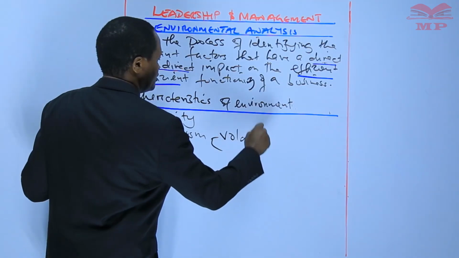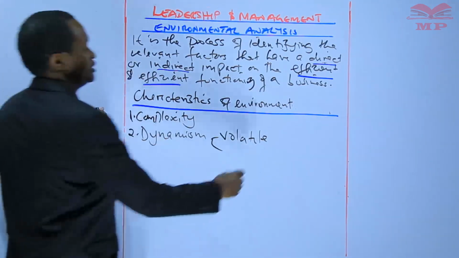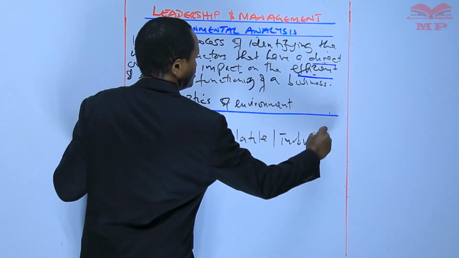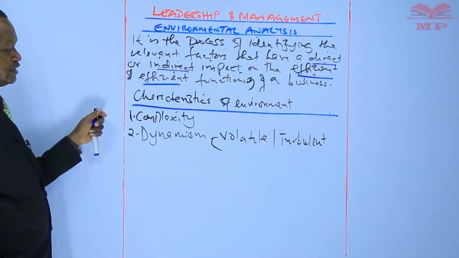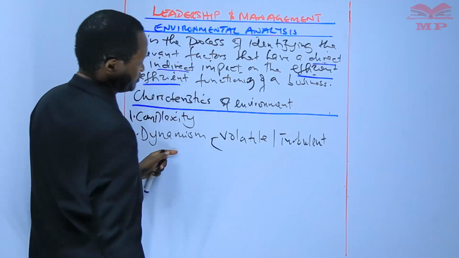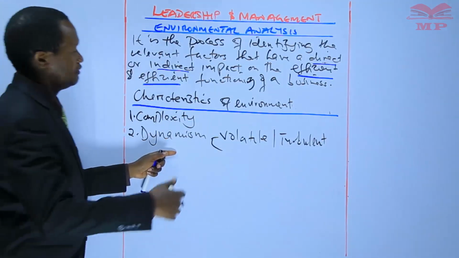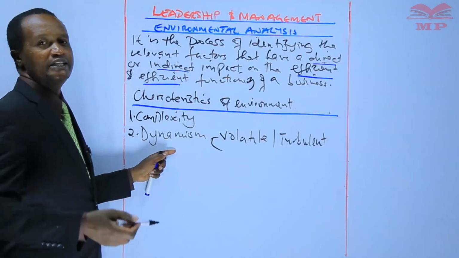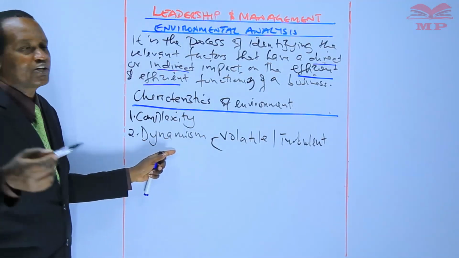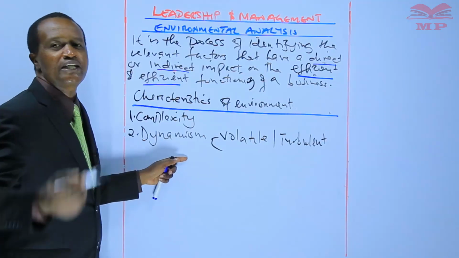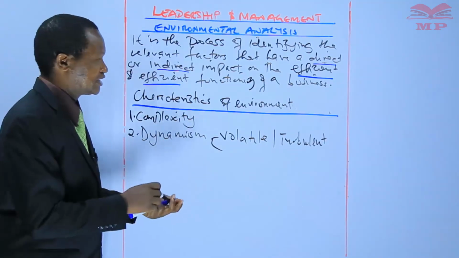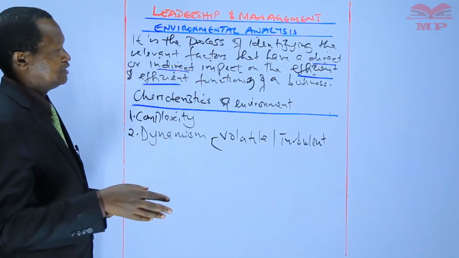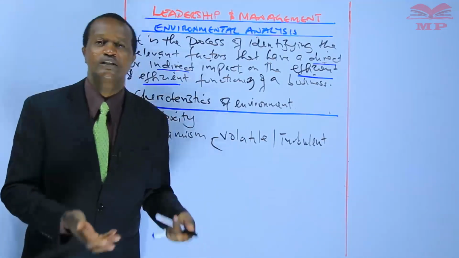Volatile. Turbulent. Okay? Dynamism. The environment is continuously changing. Nothing is static. The laws are changing. Economic factors are changing. The competition is increasing.